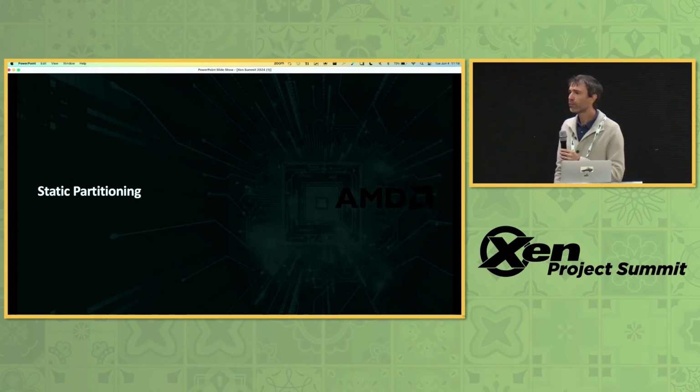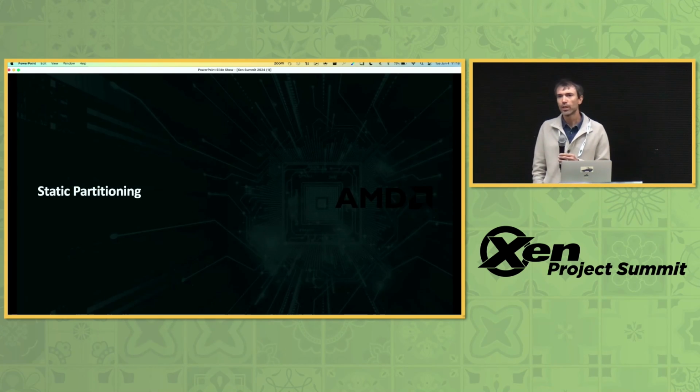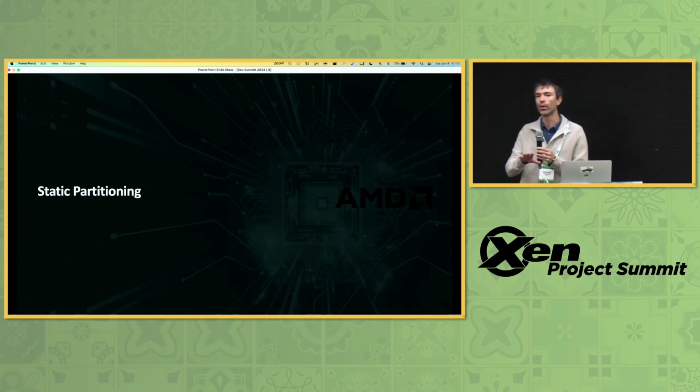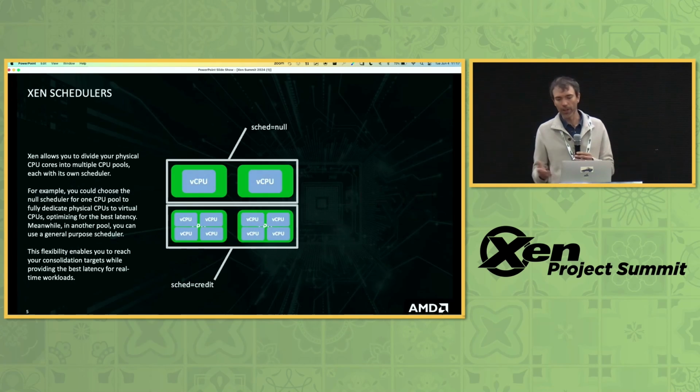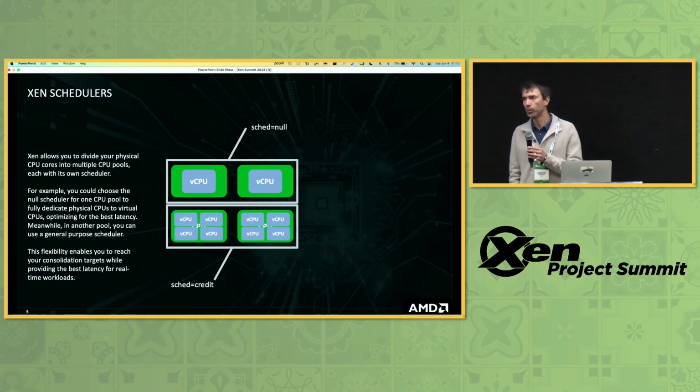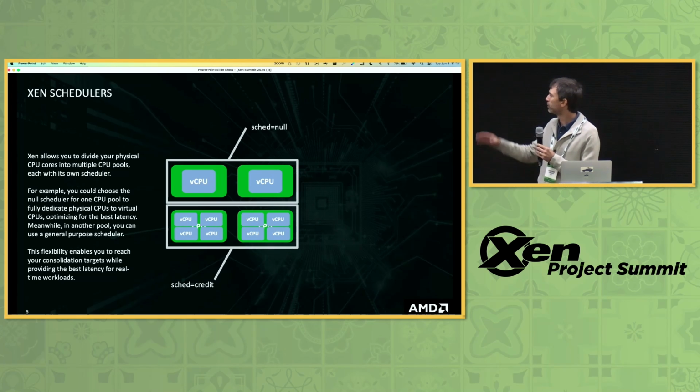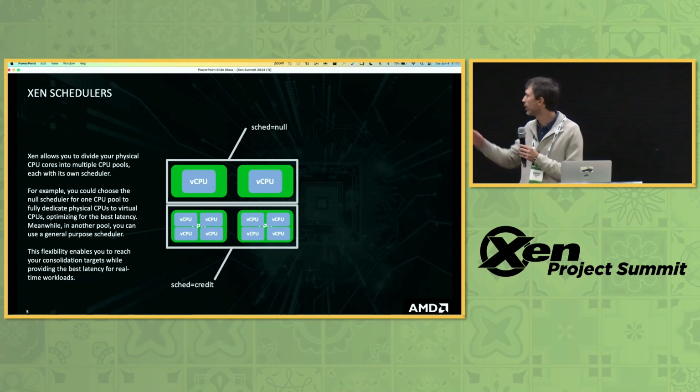All right, so let's start with the simplest first. Simplest is also sometimes called static partitioning because you're just caring about dividing your board into multiple domains and running different systems in the different domains. So there is no device sharing typically in this scenario. And one interesting feature here that's useful is CPU pools because you might want to have certain CPUs with a null scheduler, certain other CPUs with a credit scheduler.